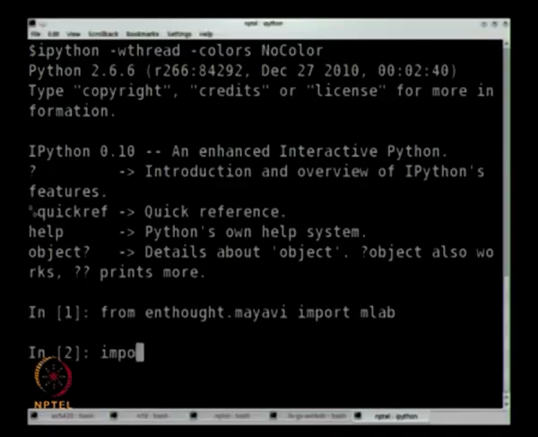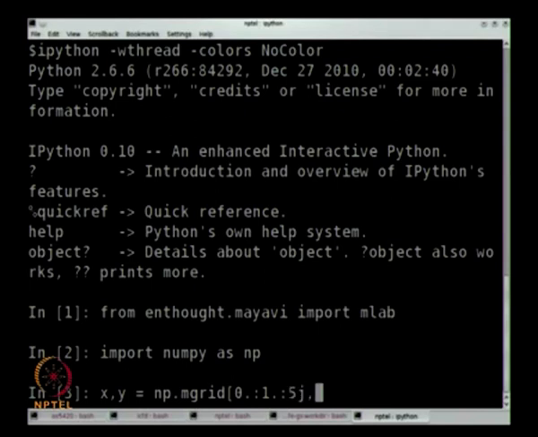So I am going to import numpy because I need an array, right. Just like last time, I will create a 5 by 5 grid going from 0 to 1 with 5j.